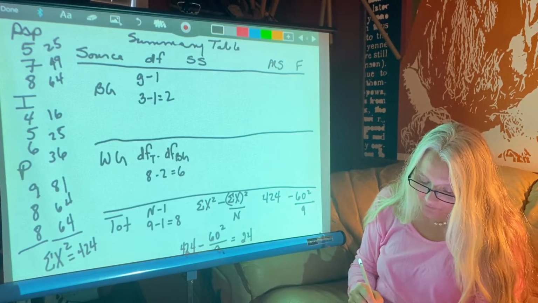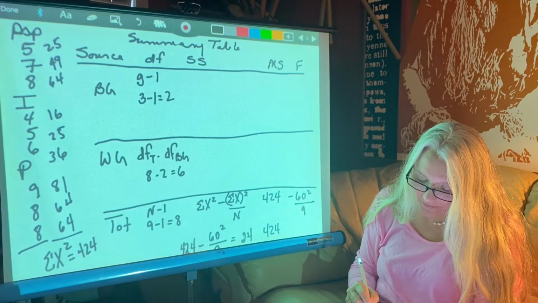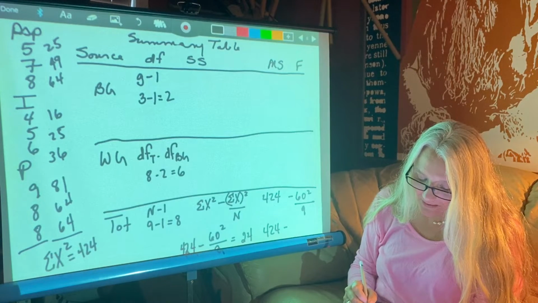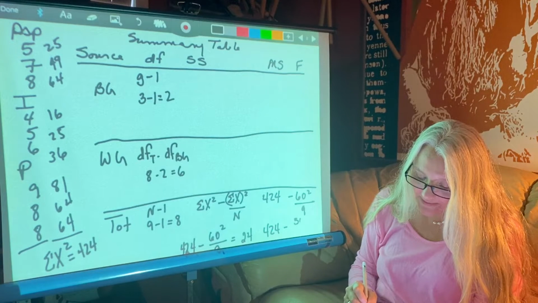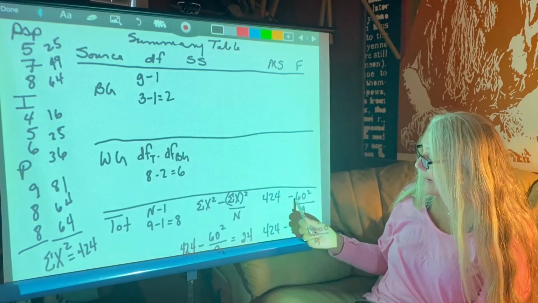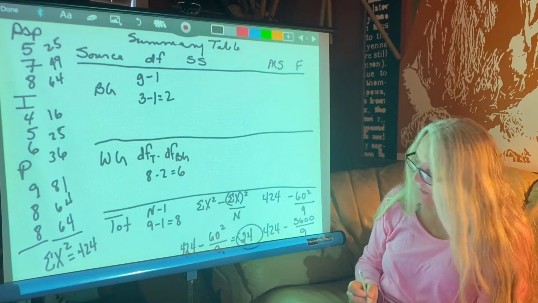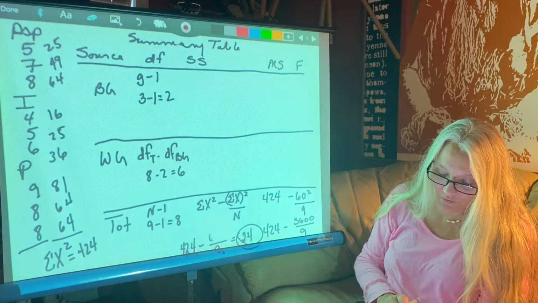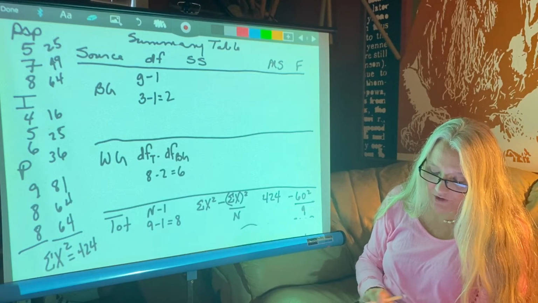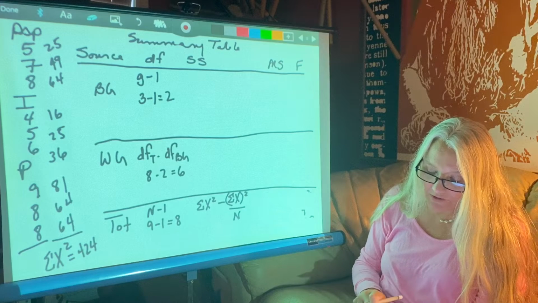So I got 424 minus 3600 divided by 9, and when I calculate that out, I get 24 as my answer. So the sum of squares total is 24.